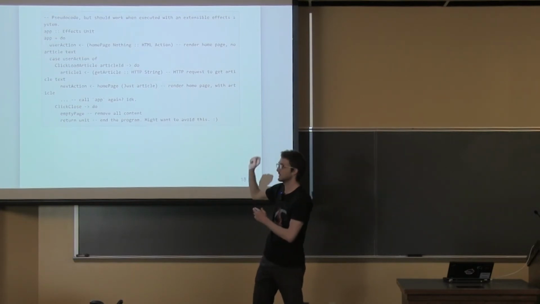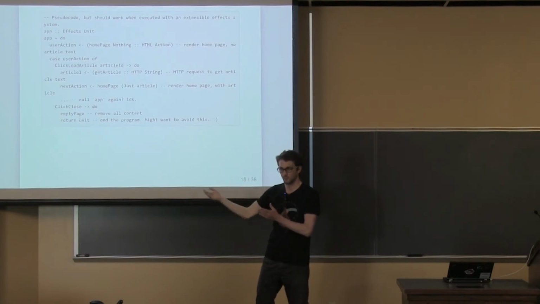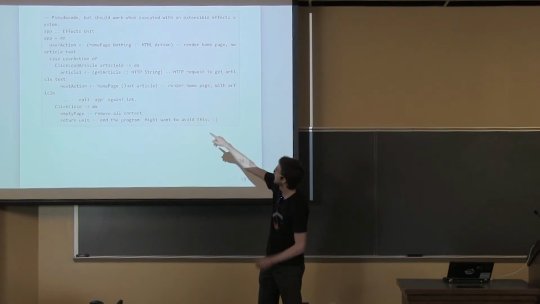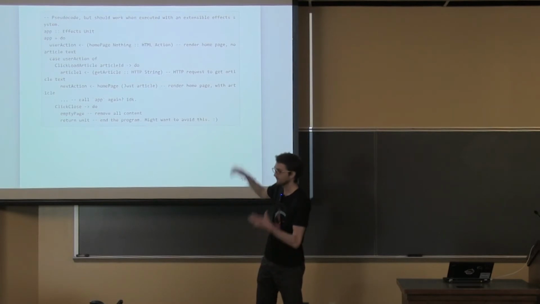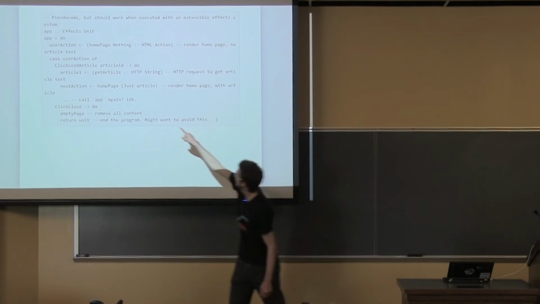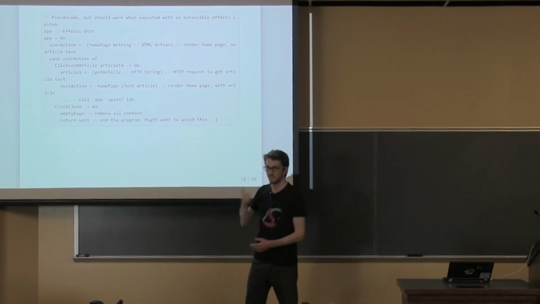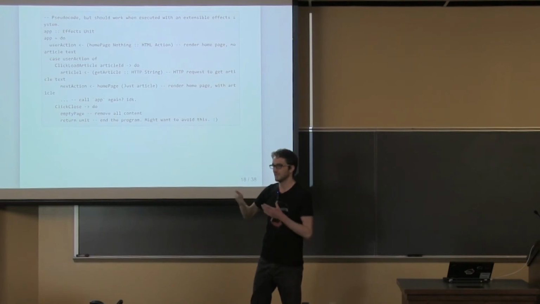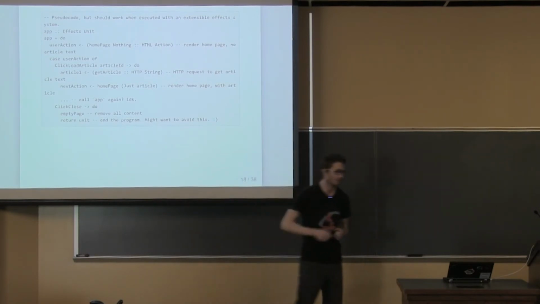So if they clicked on an article and you want to load an article and render that article, you will handle that separately. So you'll get the article. Once you have the article in hand, you re-render the home page with that article on it. And you notice here that this get article thing is just an XHR, and you can treat it as a sibling, the same type of action as rendering the page itself.